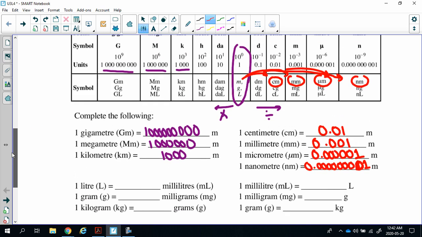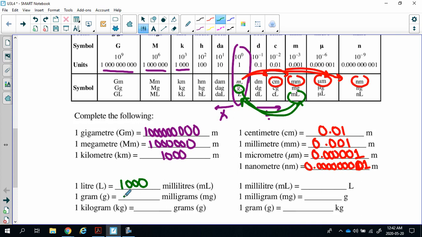1 liter is how many milliliters? So this is a liter right here. Milliliters is right here. So what we're doing is going from here to here, and so we're going to multiply and say this is 1,000. 1 gram is how many milligrams, which is right here?